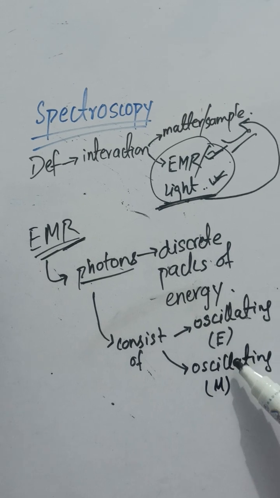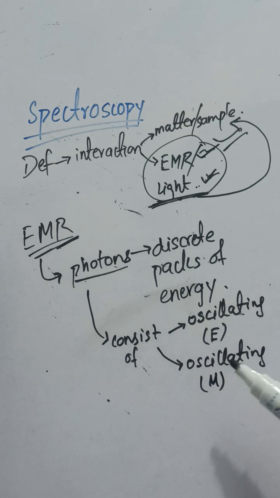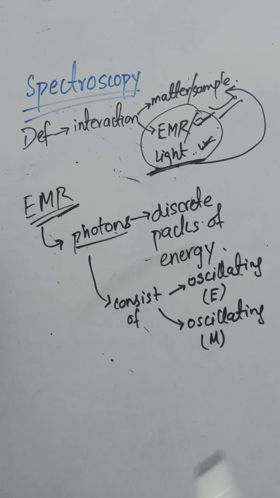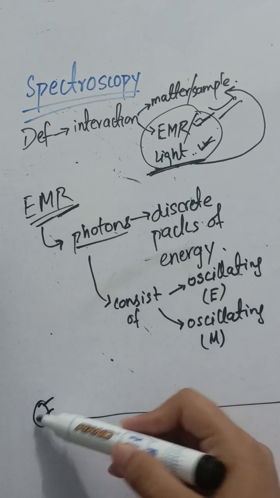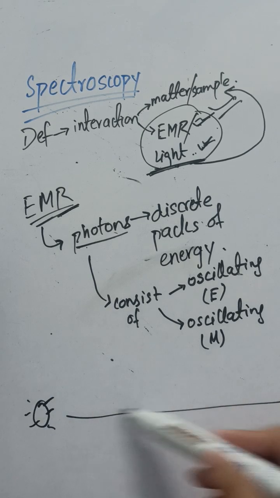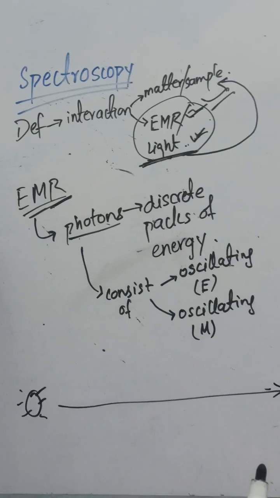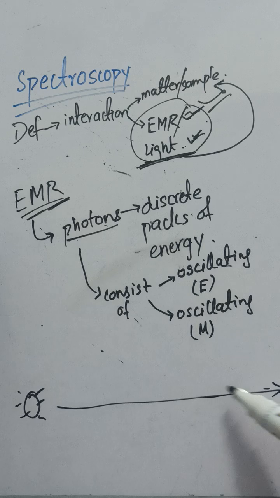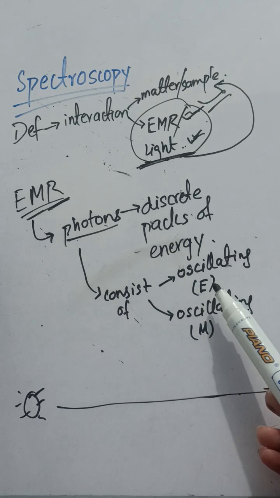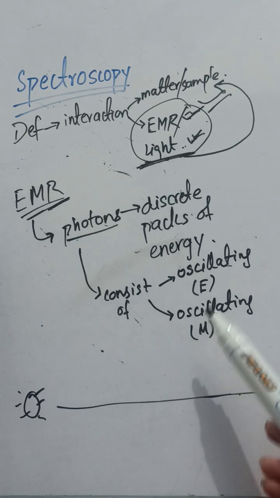First is the electric field, second is the magnetic field, and both fields are perpendicular to each other. For example, say this is the source of the light, and this is the light ray, and this is your sample of anything. Now this ray consists of an oscillating electric field as well as an oscillating magnetic field, and both are perpendicular.